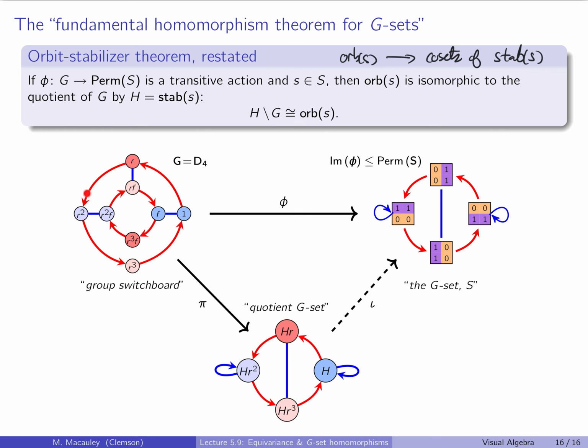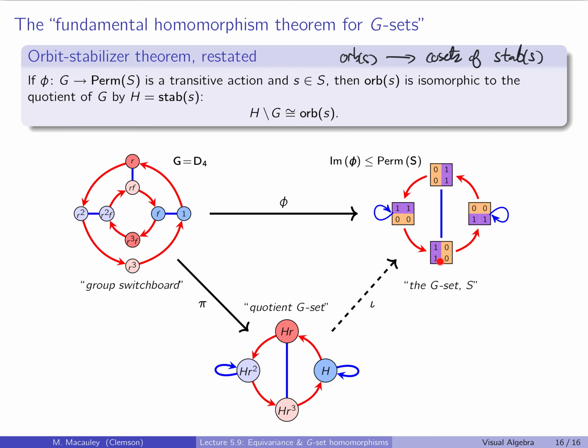So here's D4. It's kind of matching the diagram that we did when we learned about the fundamental homomorphism theorem last chapter. And consider a transitive action that we've seen on these 4 binary squares.